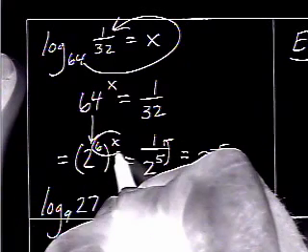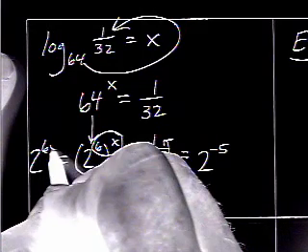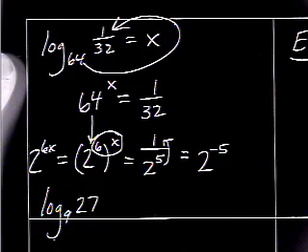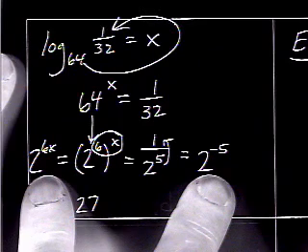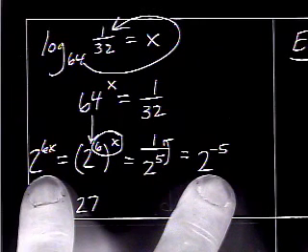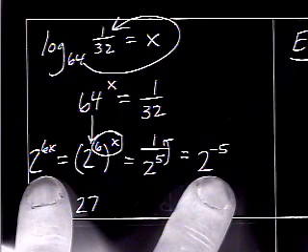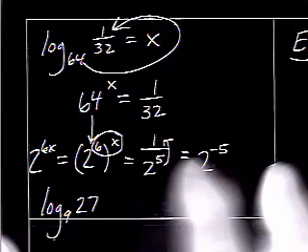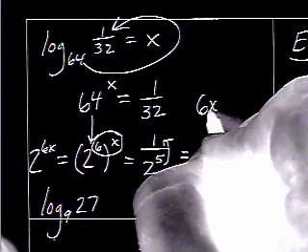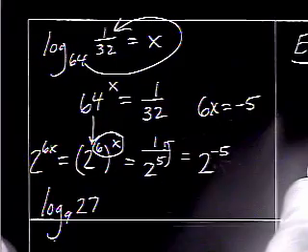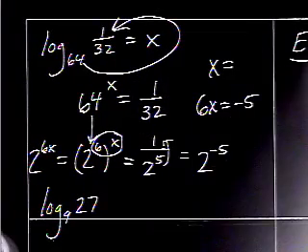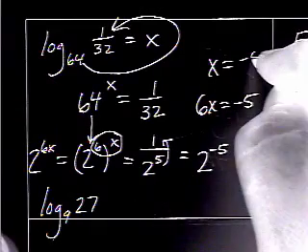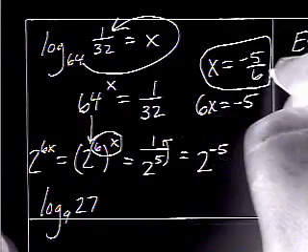So what am I allowed to do with the 6 and the x? Yes, multiply them together. So if the left side equals the right side and the bases are the same, what do you know about the exponents? Sure, you know that 6x equals negative 5. So x must be negative 5/6.